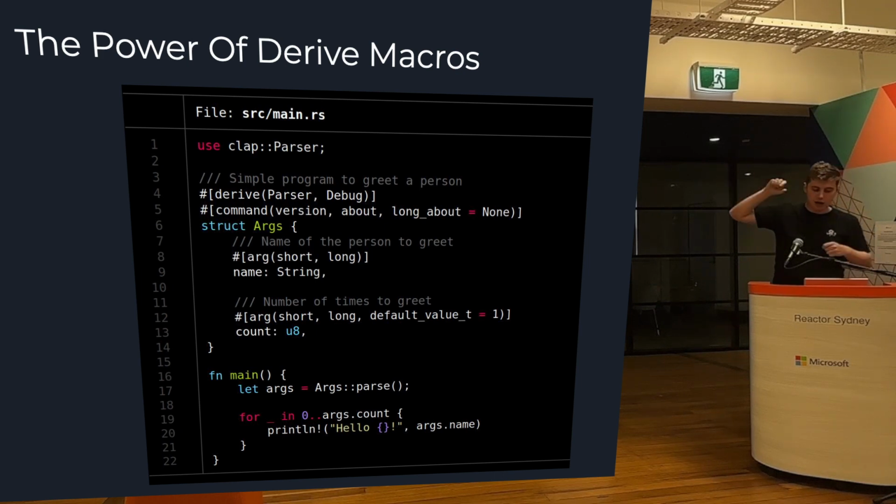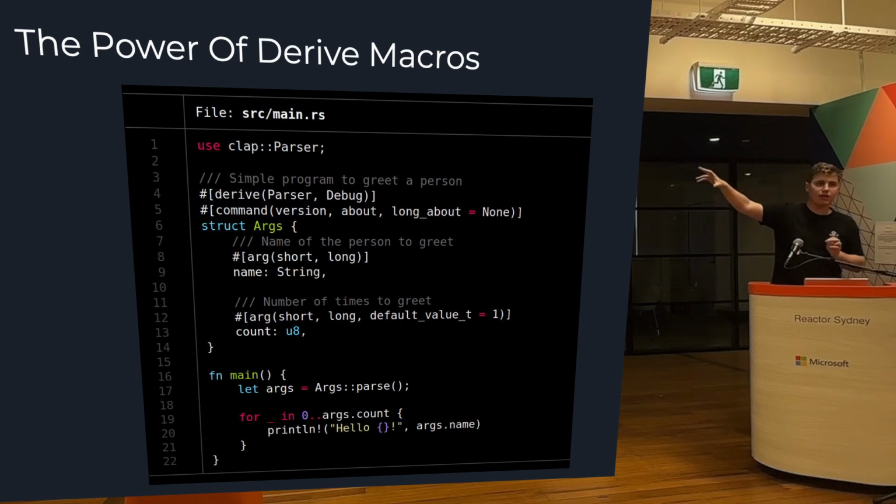And that struct says, I need a name, which is going to be a String. I need some argument count, which is going to be a u8. You provide some information about what, I'm going to have a version, I'm going to have some about text, and so on. And with the code that defines that struct, you can generate an entire argument parsing system.